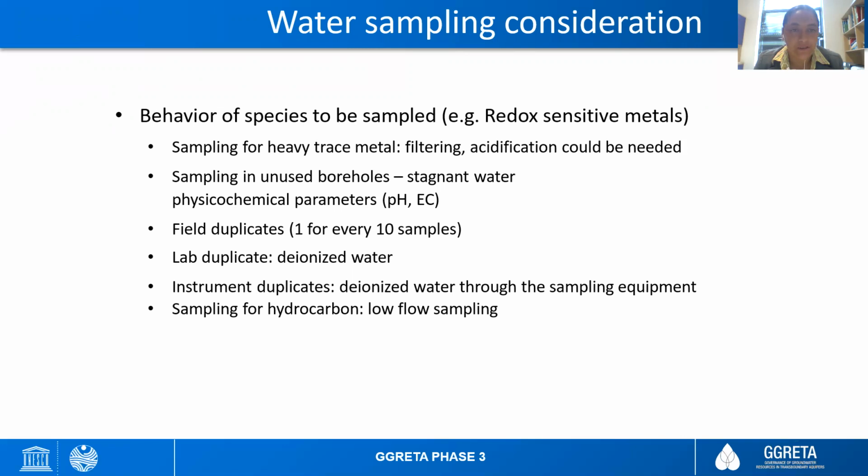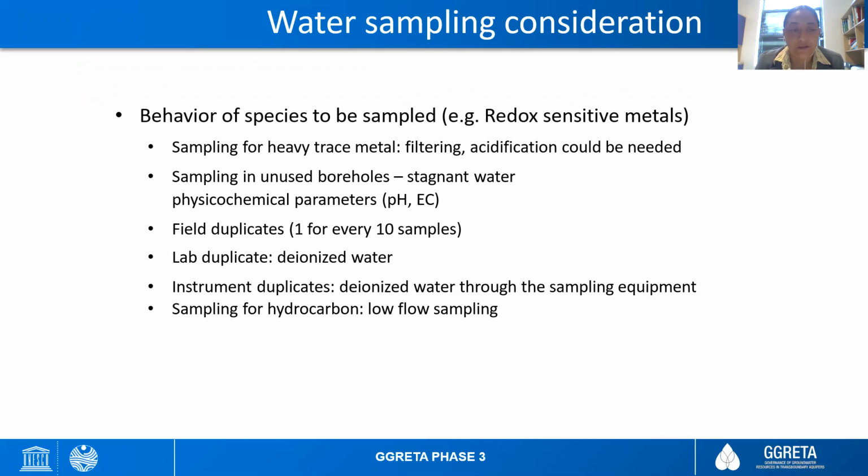You should not be sampling unused boreholes, because sampling in unused boreholes relates to stagnant water. You should be taking field duplicates, one duplicate for every 10 samples. Lab duplicates are very important.